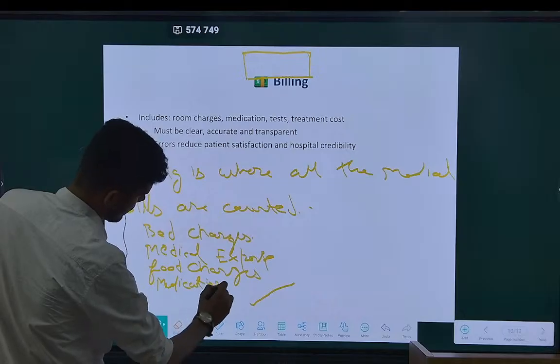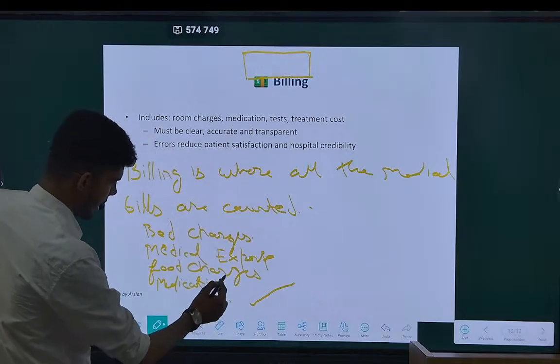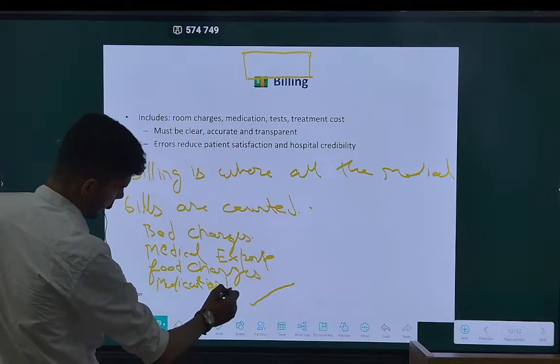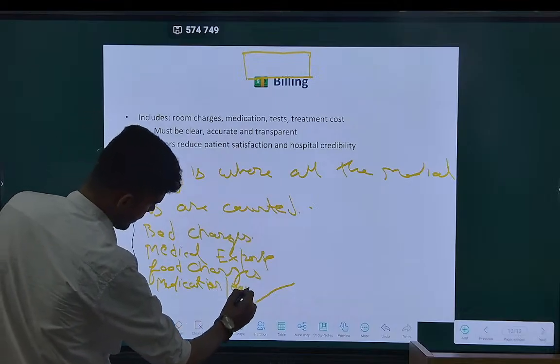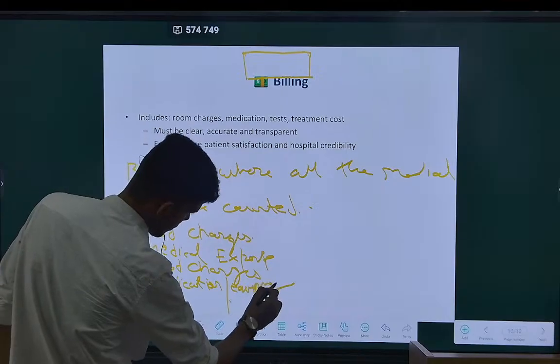Whatever the cost is, they will take it and add it in the billing. Medication and cost.